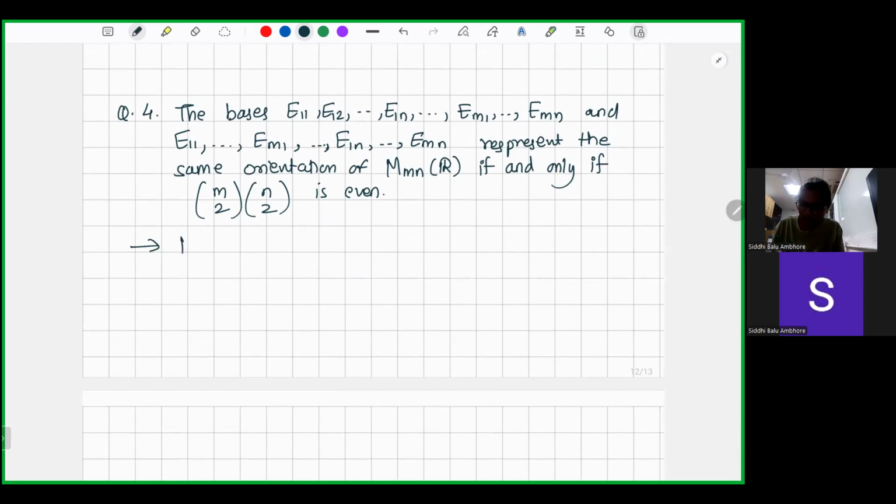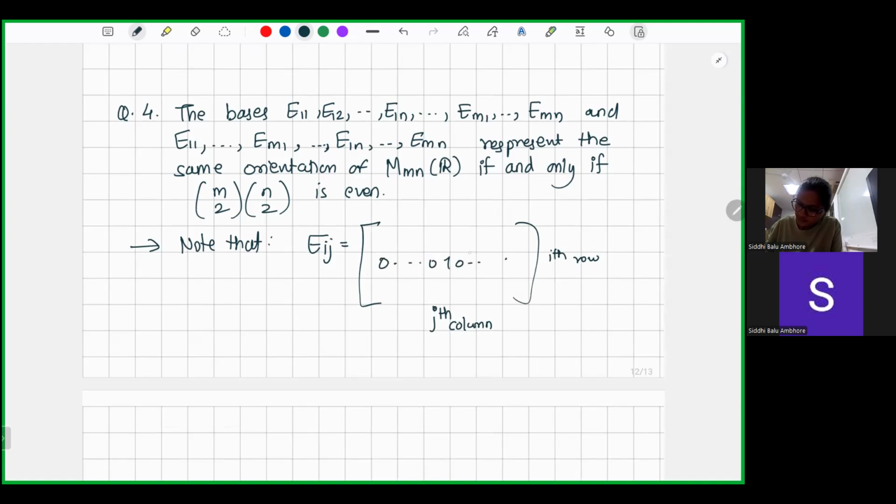So note that here Eij is this matrix, jth column. This is ith row. And so here it is 1, rest all are zeros.